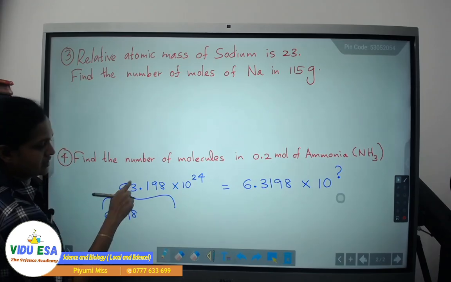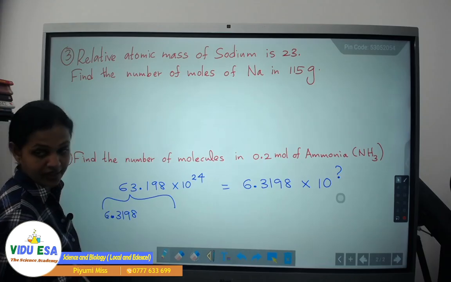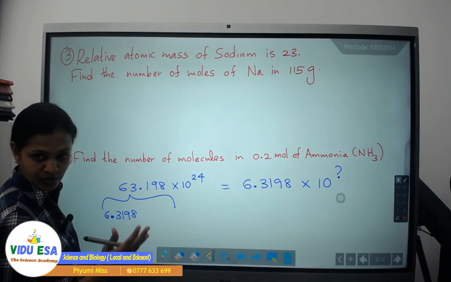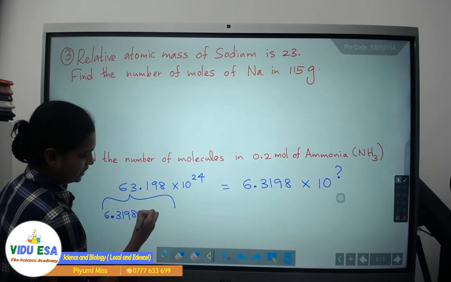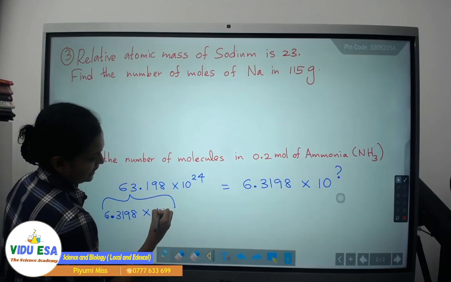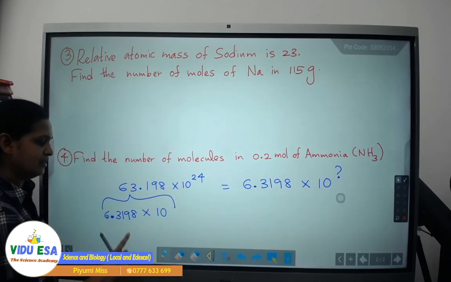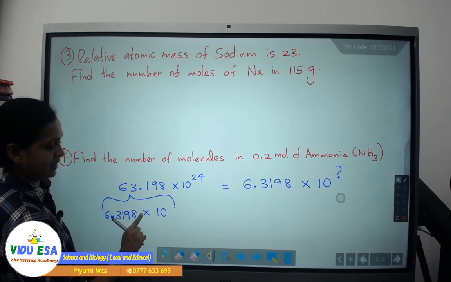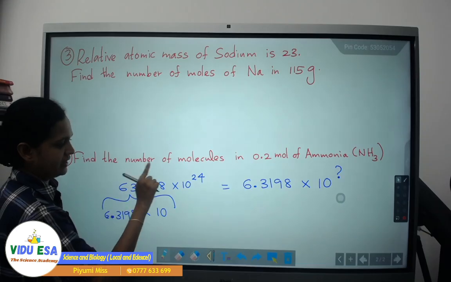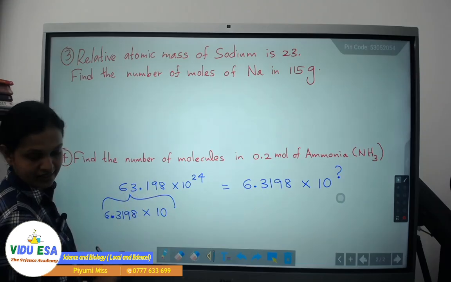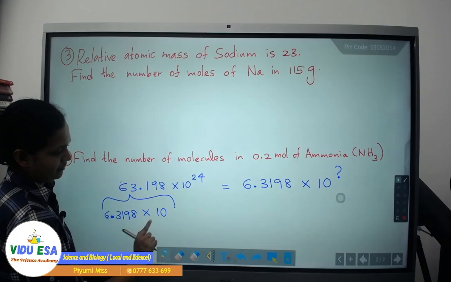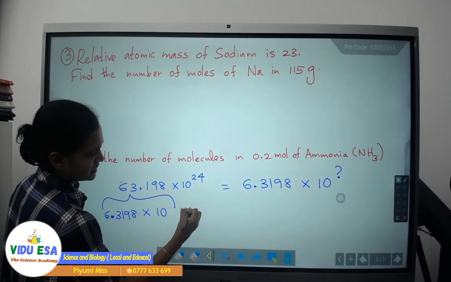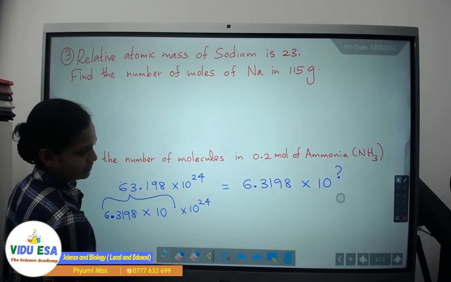Then I have changed 63.198 by writing it as 6.3198. I can't do that. Therefore, in order not to make any error, I can write it like this: 6.3198 into 10. Then I will get the same value once again. I changed this value and wrote multiplied by 10, and already there was 10 to the power 24.